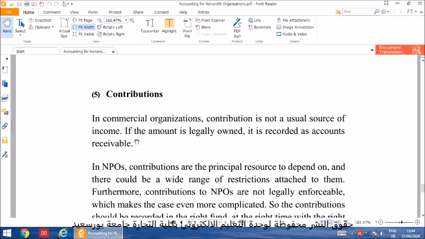If the amount is legally owed, it's recorded as accounts receivable.